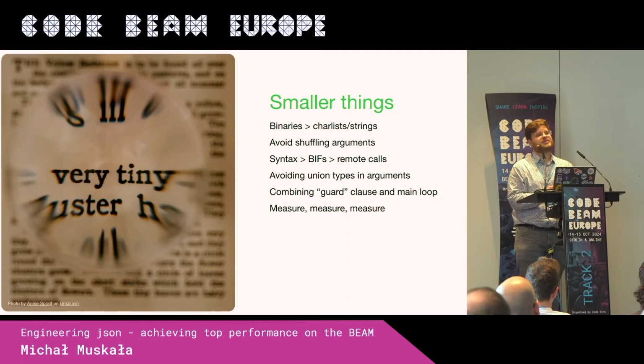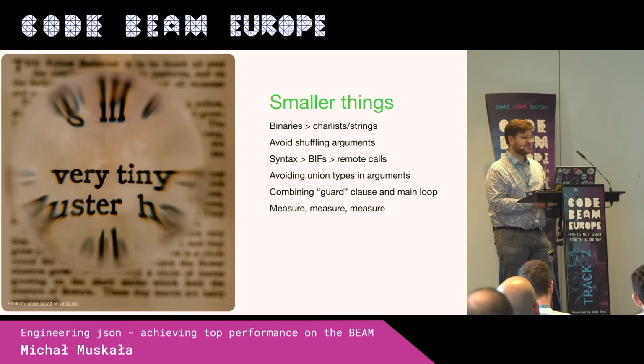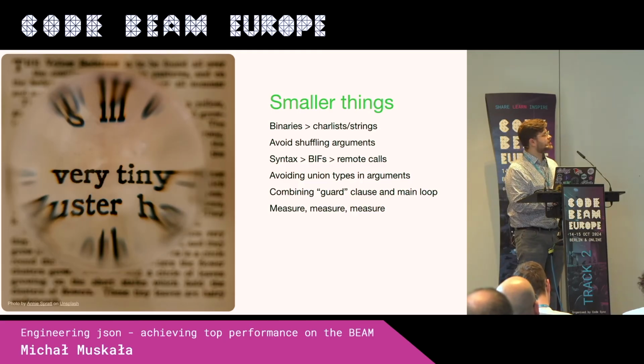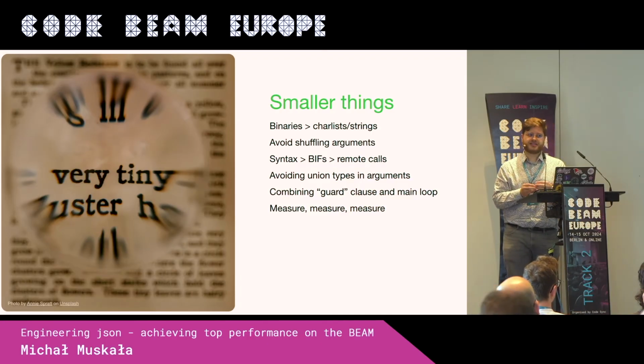But in general, since the Erlang compiler compiles a module at a time, it cannot see across modules, so it cannot do any optimizations across modules, and the syntax can be optimized better. Similarly, if you can express something with a syntax as opposed to a BIF or a guard or something like that, generally syntax also will be optimized slightly better by the compiler.